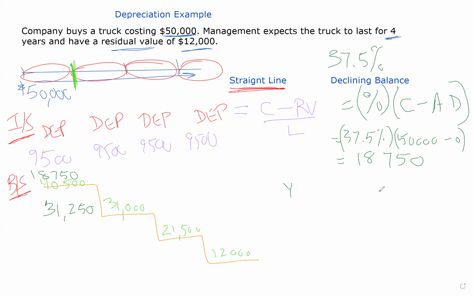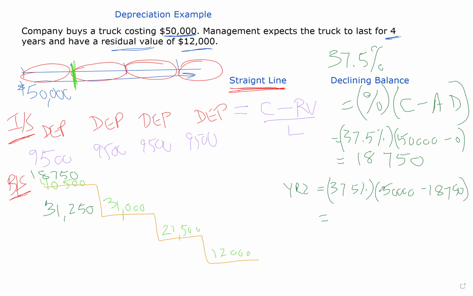So for year number two, the depreciation expense or charge would be 37.5% times the cost, which is 50,000. There's the 50,000 minus the accumulated depreciation of 18,750.